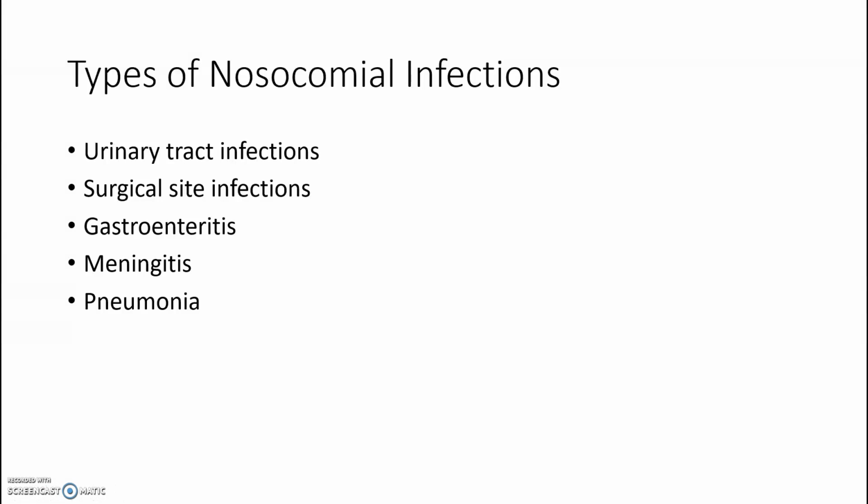I have a picture of the 5 types of nosocomial infections that are listed. You have the urinary tract infection, surgical site infection, gastroenteritis, meningitis, and pneumonia. All of us have probably experienced at least 2, maybe 3.